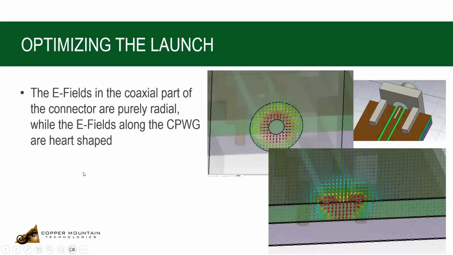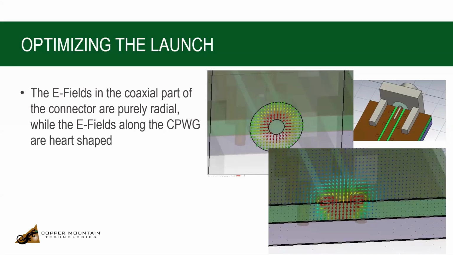It's interesting to think about what's actually going on when you feed a circuit board from a connector. The center pin of the coax is round, and it goes from a completely coaxial environment, and you can see the electric field distribution on the upper left. It's quite symmetrical and circular, or radial.